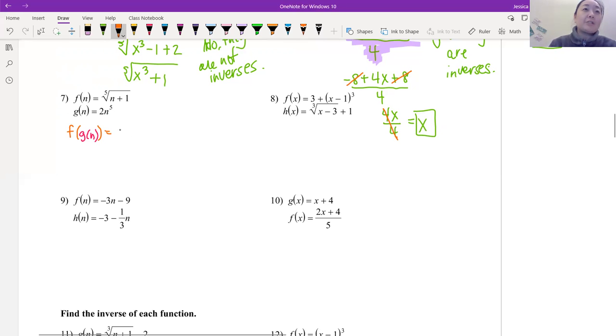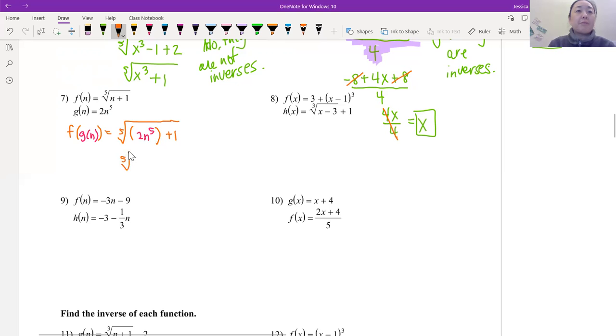All right, so let's try this out. I'm going to write the fifth root of whatever this n is plus 1. Include that in the radical. I'm just going to do a think aloud. This is what I'm thinking in my brain. Then I'm going to put in my g of n, which is 2n to the 5th power. Technically I don't need these parentheses because there's nothing outside here.